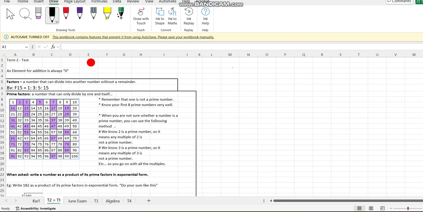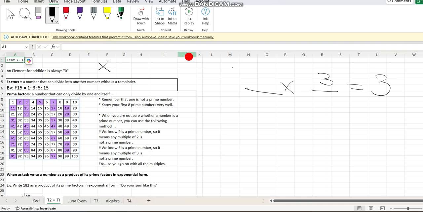Nog iets wat ek onder jou aandag wil bring. It said here an element for addition, 'n identiteitselement vir optel. Now what if I have multiply? Vermenigvuldiging. So this means, what can I multiply with a number for that to stay the number?